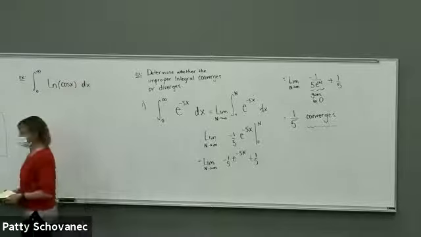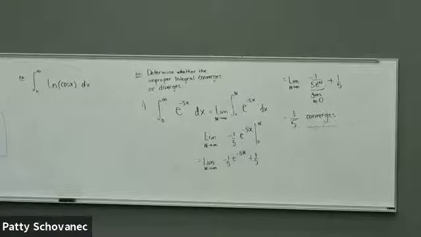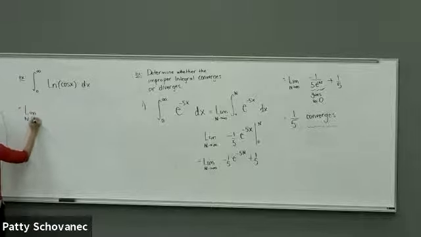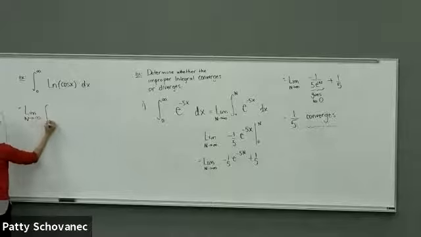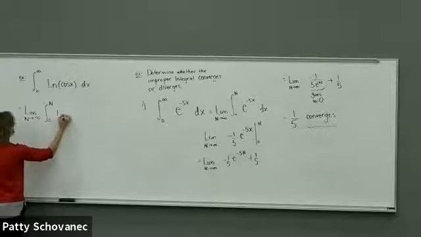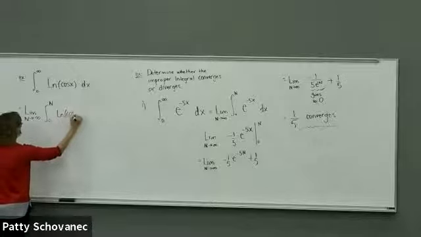All right, let's try that one. The integral from 0 to infinity of the natural log of the cosine of x dx. So we just mechanically fix the problem, and then cross our fingers and hope we can find the antiderivative here.